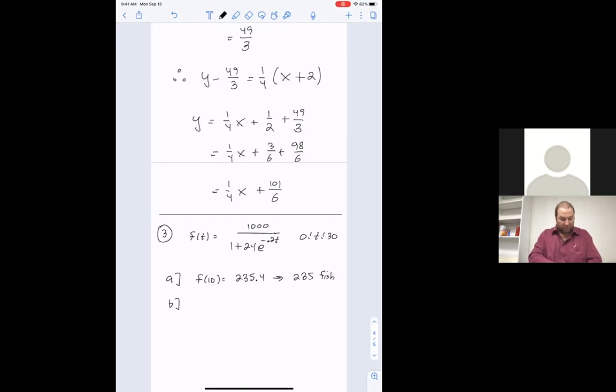So zoom out. I gotta evaluate this at 10, so I have to make sure that my window is large enough to have the graph at 10. I still don't see it, so I'm gonna zoom out again. And now it's there, but it's really high up.